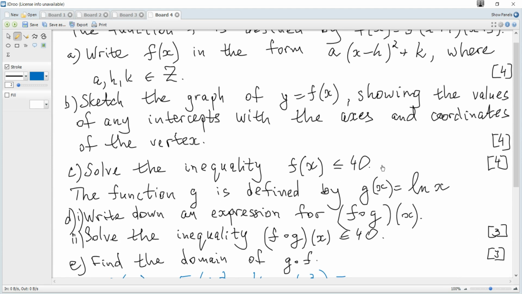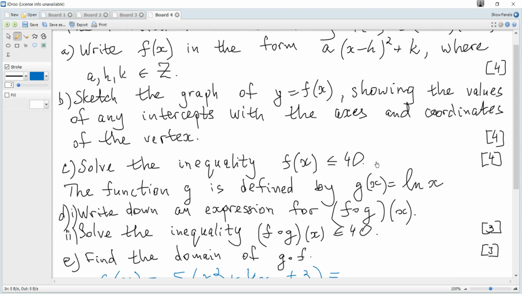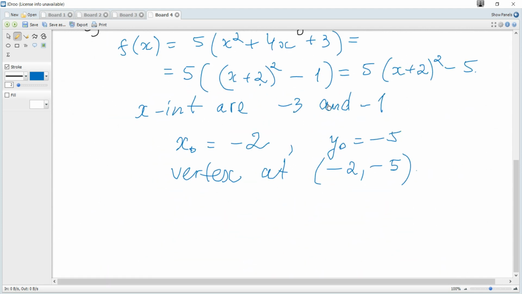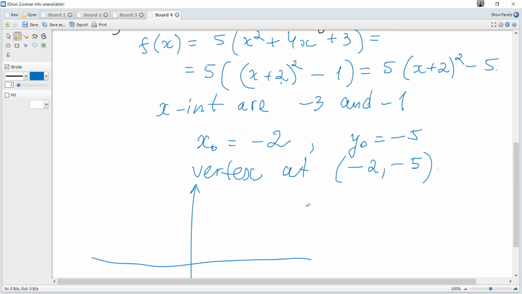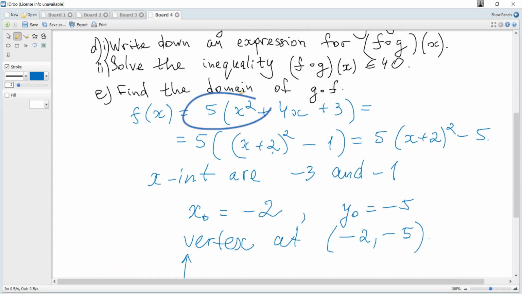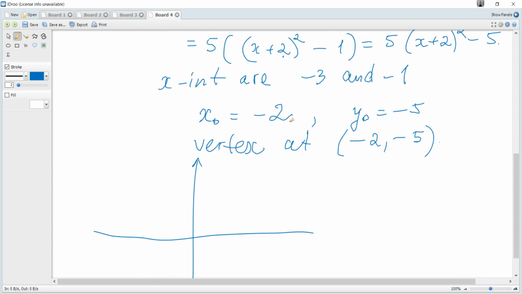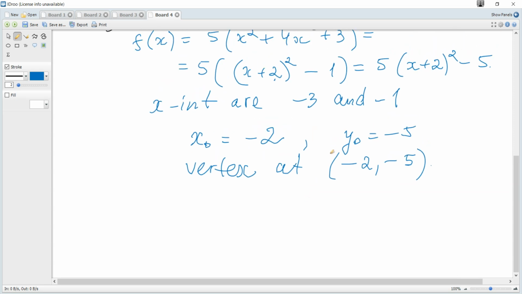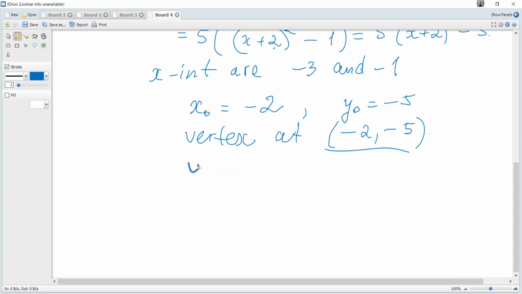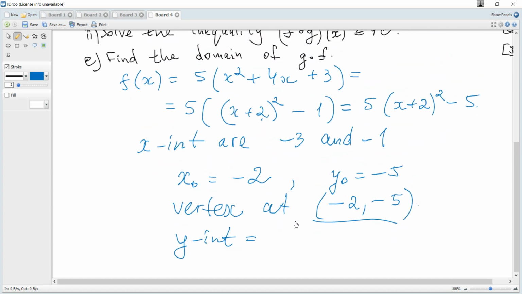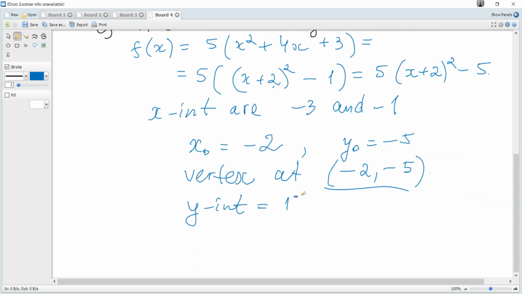The next, sketch the graph. And it's a concave up parabola because the coefficient in front of x squared is positive. Roots are at negative 1 and negative 3, vertex at negative 2, negative 5, and the y-intercept is 15.